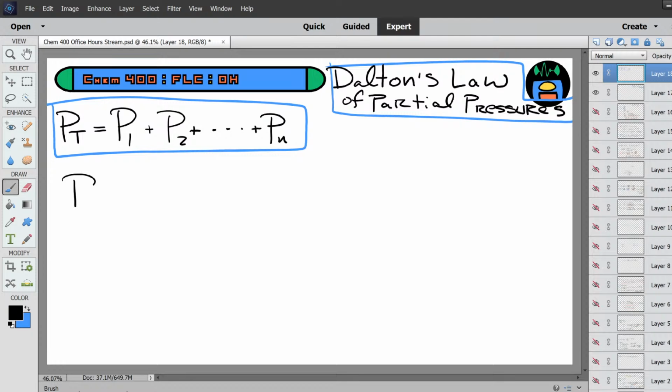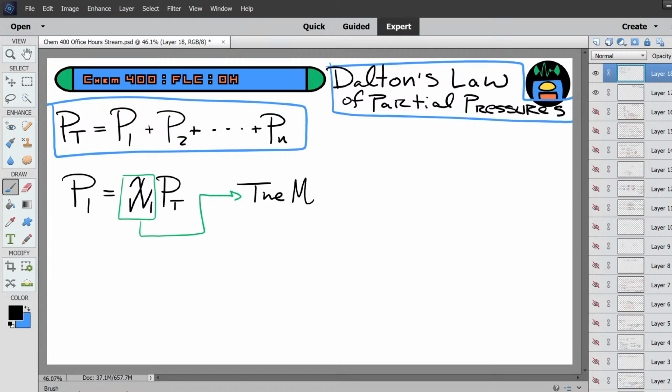The partial pressure of gas number one in this mixture of gases is equal to what we call the mole fraction for gas number one times the total pressure. And this thing right here is called the mole fraction.